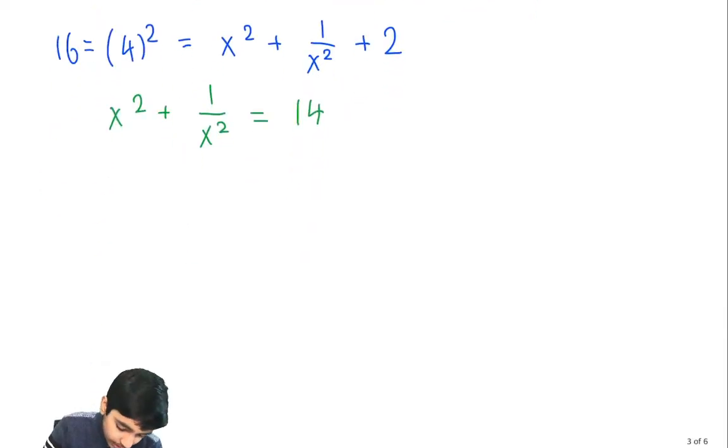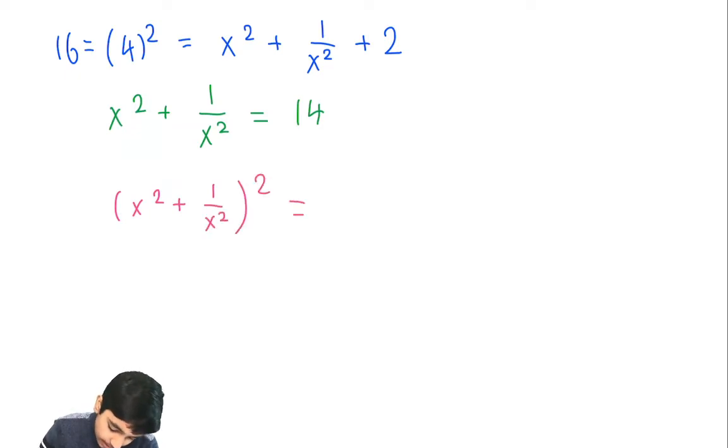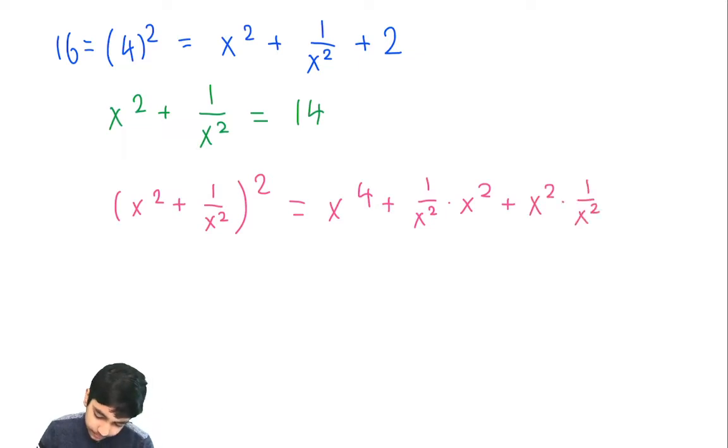So we do (x squared plus 1 over x squared) squared to get x to the 4th plus 1 over x squared times x squared plus x squared times 1 over x squared plus 1 over x to the 4th. And then these terms are both 1.